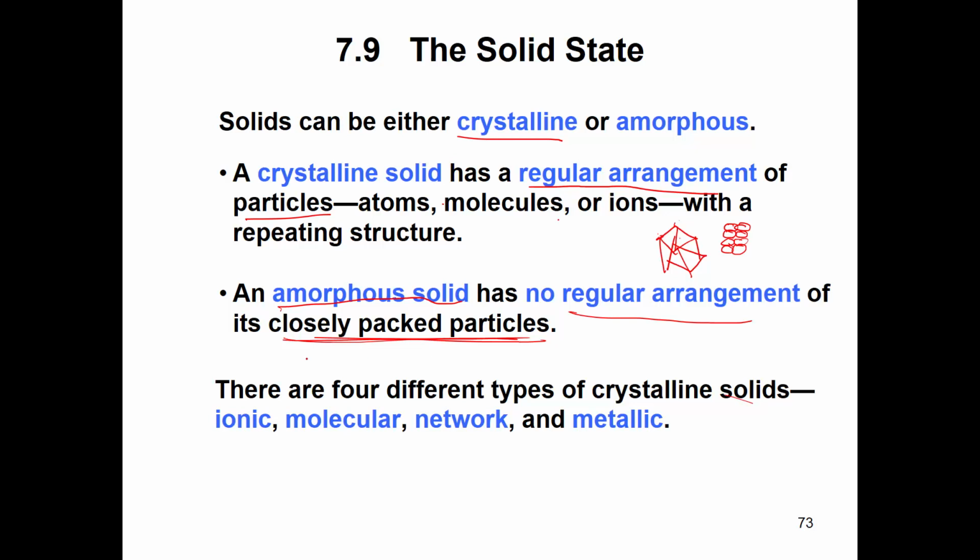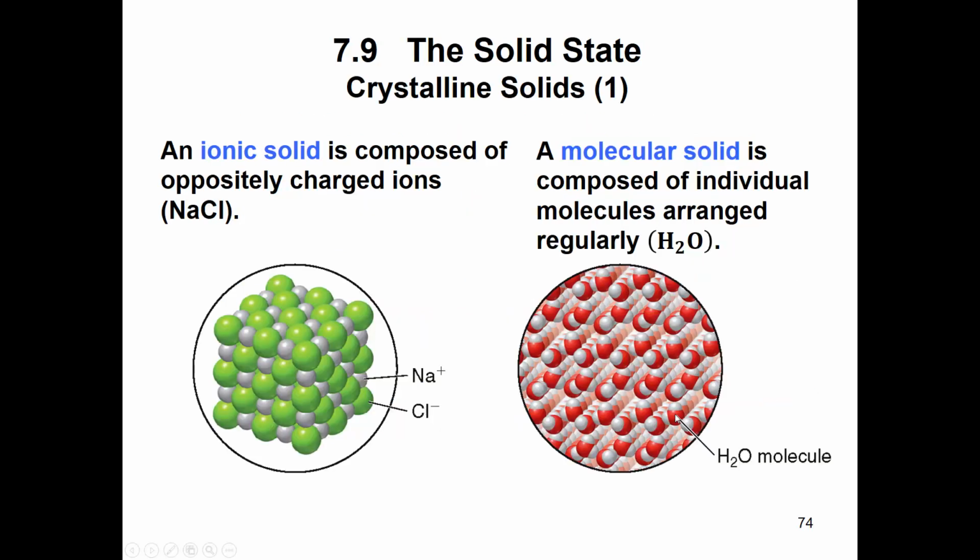So there are four types of crystalline solids: ionic solids, molecular solids, network solids, and then metallic solids. An ionic solid is made up of, guess what, ions. A typical example of an ionic solid is sodium chloride, or table salt. You have alternating sodiums and chlorines in this nice symmetrical pattern.